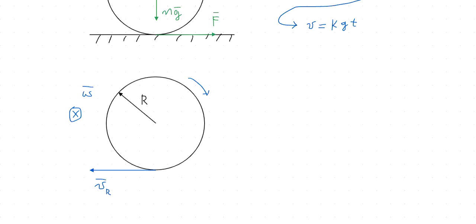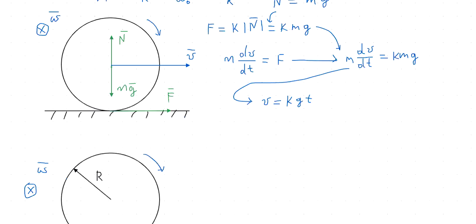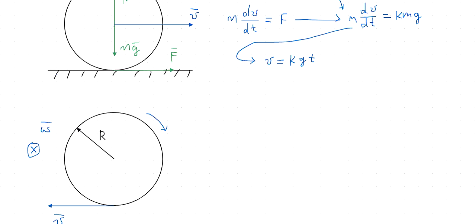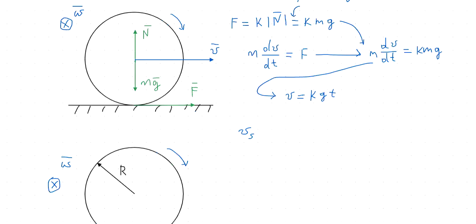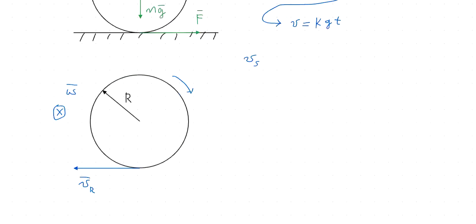And if we have both linear motion and rotational motion, both types of motions, from here we can define the velocity of slippering. The velocity v of linear motion is directed to the right, and the velocity caused by rotation, vr, is directed to the left.